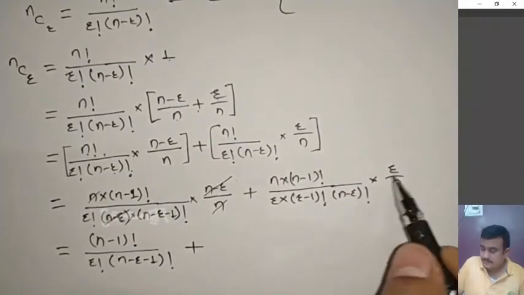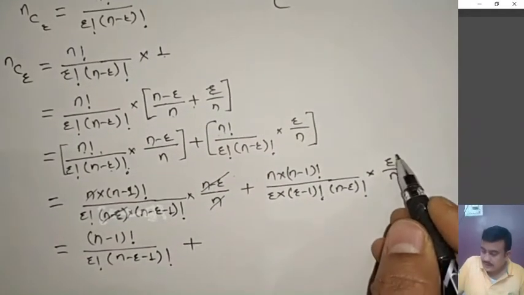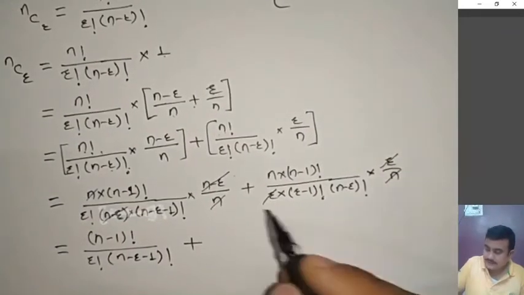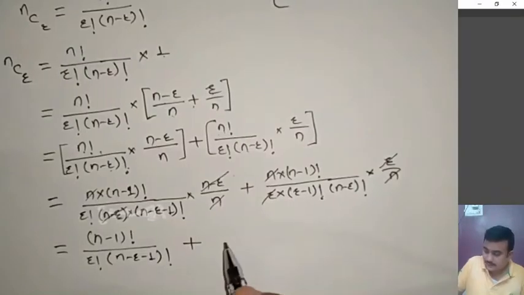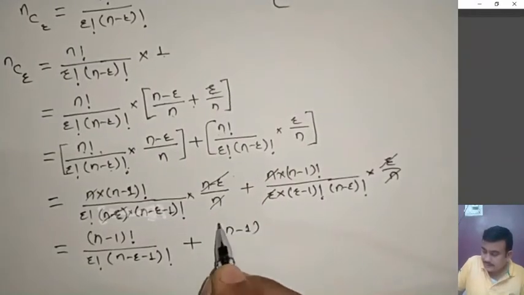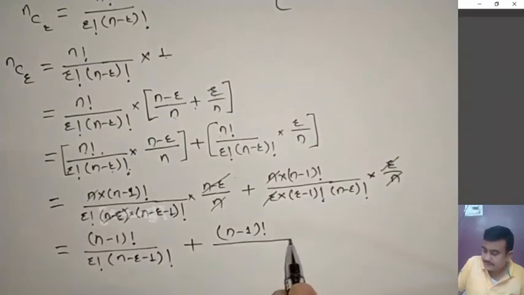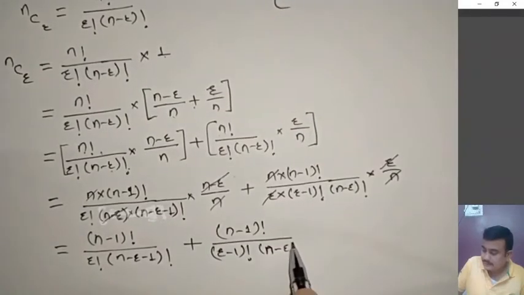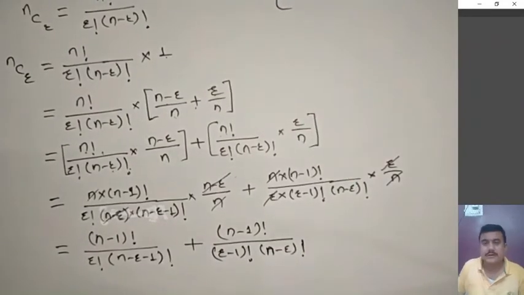Now in this term, this r gets cancelled with this r, and this n cancelled with this n. So we get n minus 1 factorial divided by r minus 1 factorial multiplied by n minus r factorial.